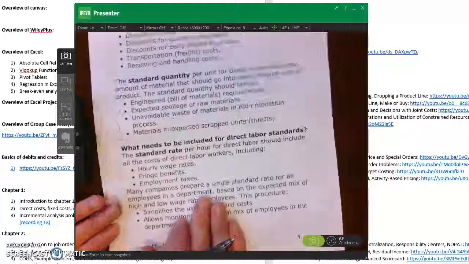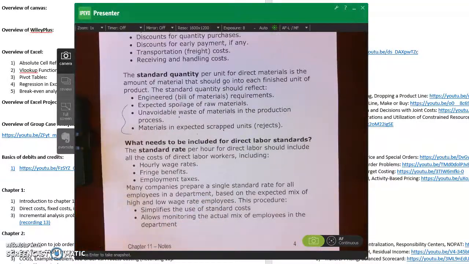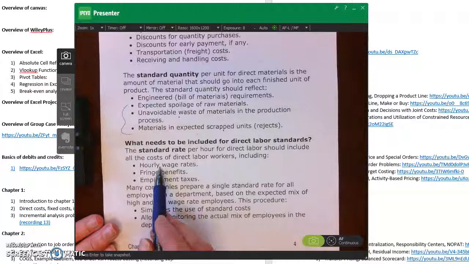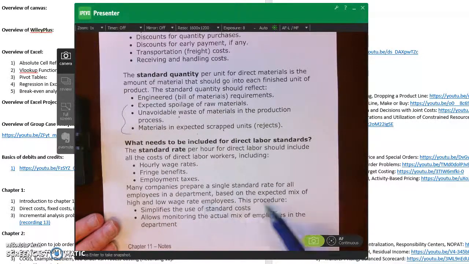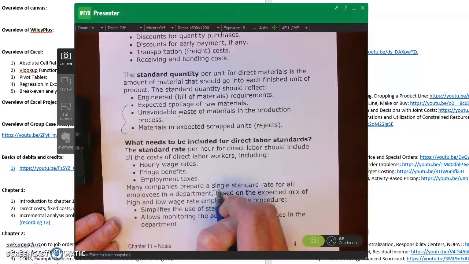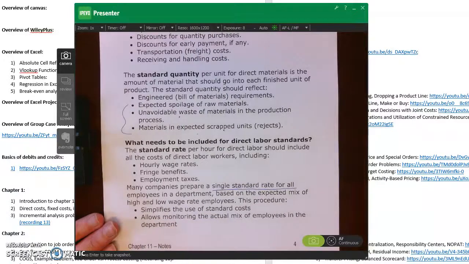So we look at over here and we say what needs to be included for our direct labor standards. We have our hourly wage rates, any fringe benefits and employment taxes. Then what we say right over here is we might want to develop a single rate for all the employees in a given department. That would simplify things. Obviously, if there's a big variance between different rates, if you had a manager versus a worker bee employee, you probably wouldn't want to do that because those could be two very different rates.